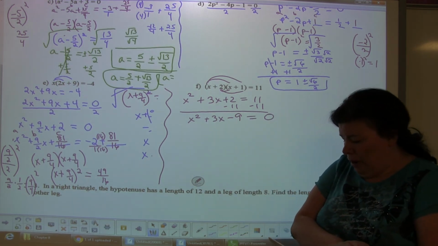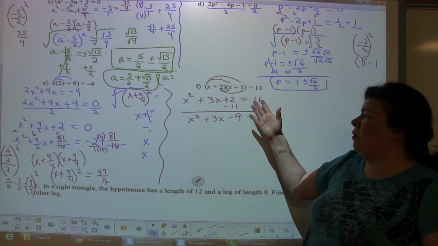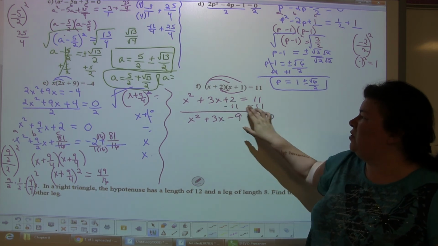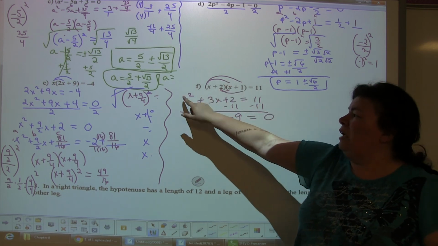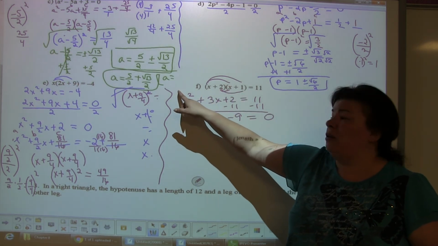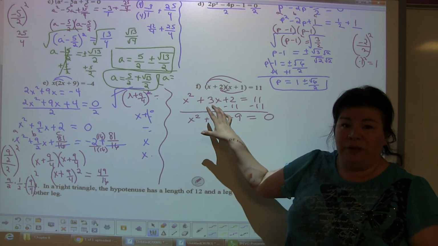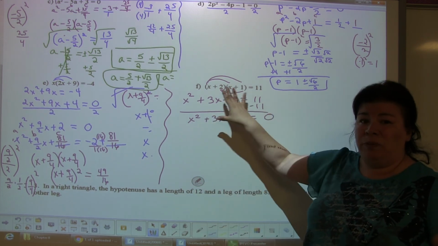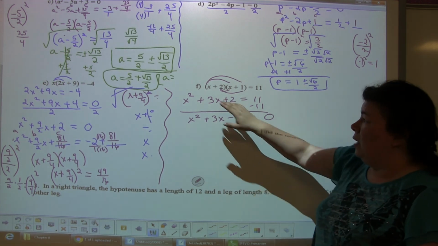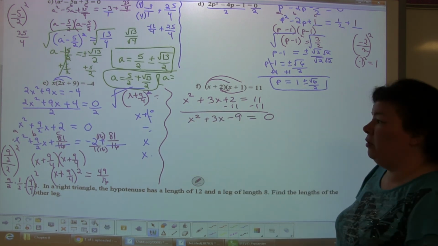So if you do that now, and I guess we could have skipped this step. We could have just subtracted 2 from both sides and gotten 9, but if this coefficient were something other than 1, we definitely would have to bring this over anyway. So you should get into the habit of doing that. So you're putting it in natural standard form, just in case that coefficient was something other than 1.